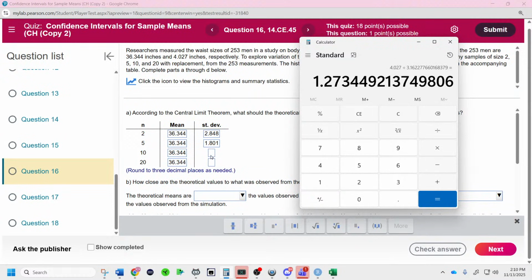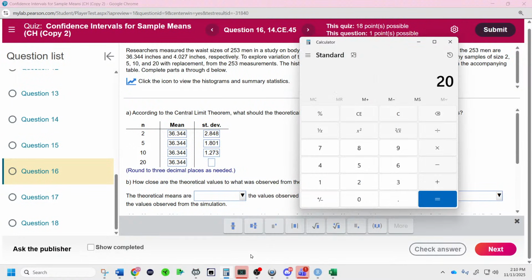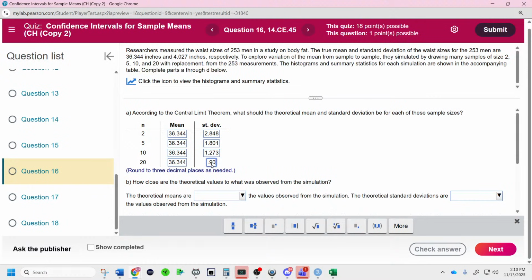There we go. It got way too small, way too quick. 1.273. And then square root of 20. And then we take 4.027 divided by square root of 20, and we get 0.901.